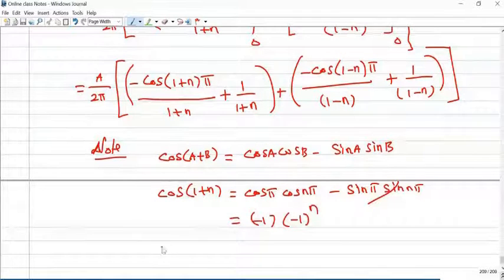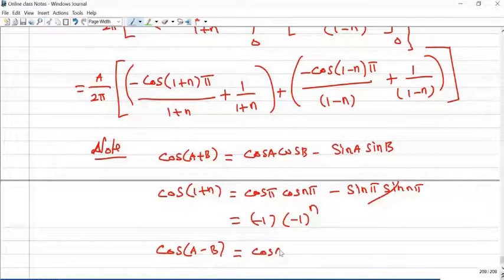Similarly, cos a minus b is cos a cos b plus sin a sin b.